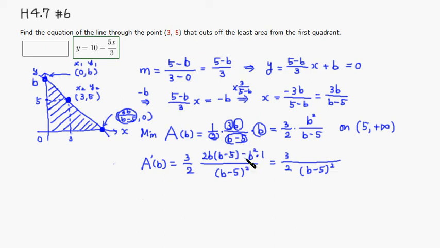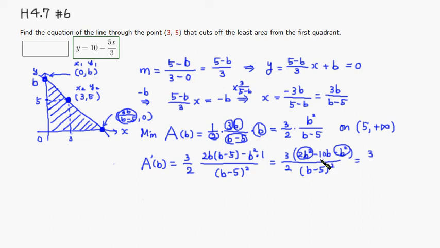Here we get, let's see, you have 2b squared, so maybe I should write that, 2b squared, right? And 2b times negative 5 is negative 10b. Then you have minus b squared. All right, so this is going to be equal to 3, right? So this is going to be 2b squared minus b squared, so 1b squared.